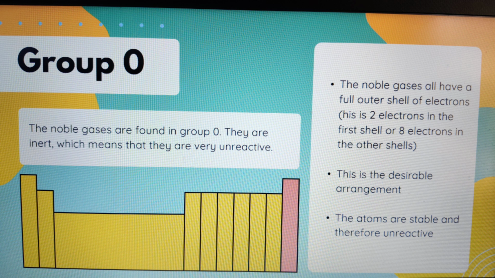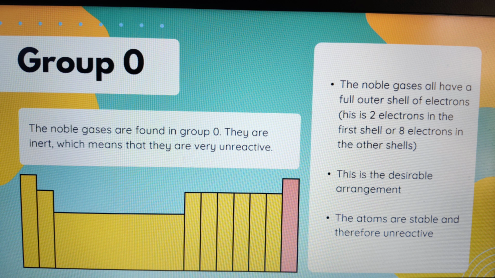Sorry, this is 2 electrons. Actually, helium should come here. Helium has 2 electrons in the first shell, and the others have 8 electrons in the outermost shell. Okay, it is helium only. It has 2 electrons, and the others have 2 electrons in the first shell and 8 electrons in the outermost shell, making it desirably arranged and stable.